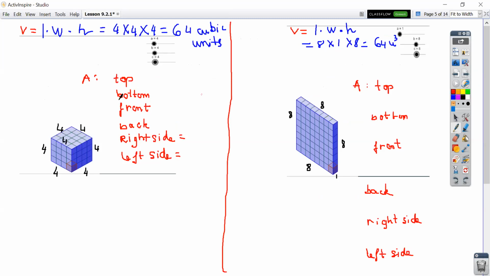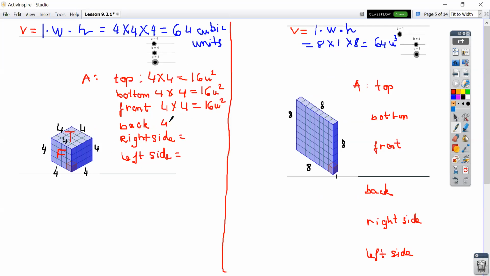The top, 4 by 4. So 4 times 4 equals 16 square units. The bottom is the same as the top, 4 by 4, 16 square units. The front side is the same as the back side, also 4 by 4, 16 square units.